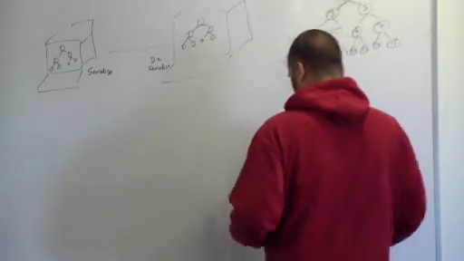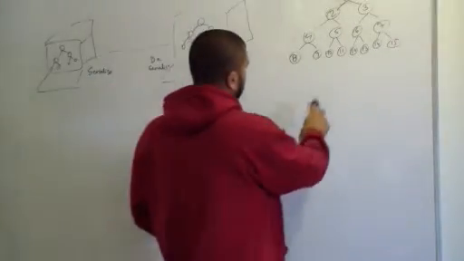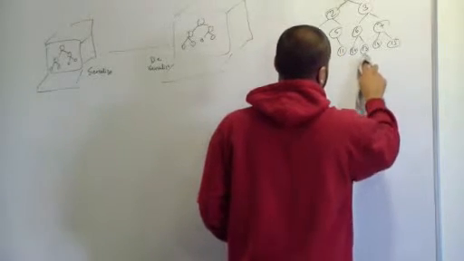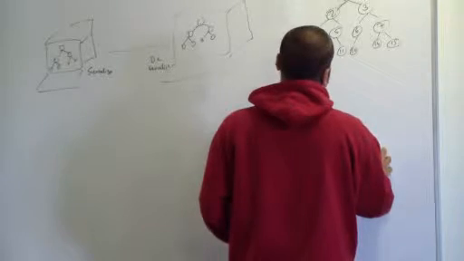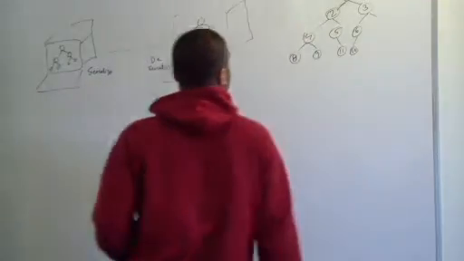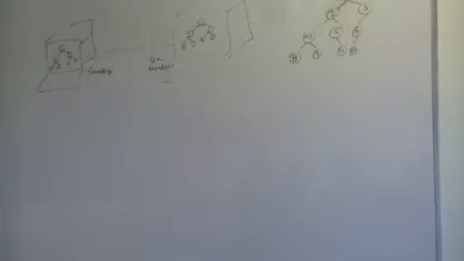And let's say we don't have... which traversal will we use? In-order? No. Okay. In-order traversal will give you this tree, but you can't construct the same tree using the same traversal.